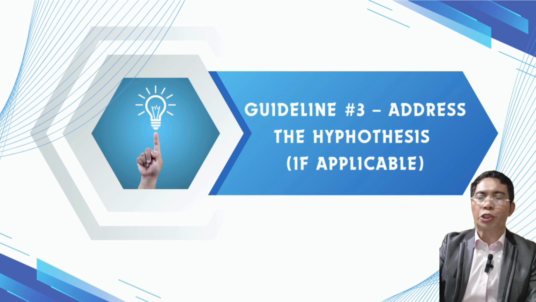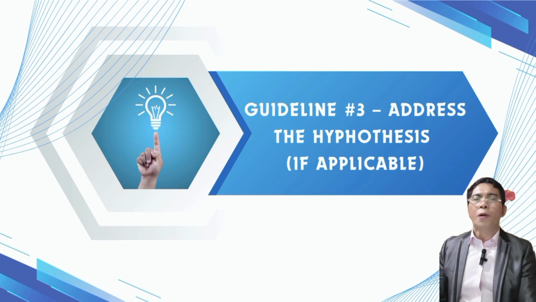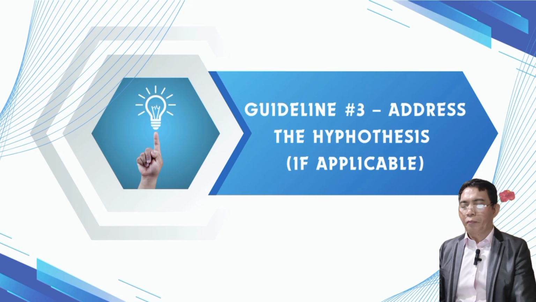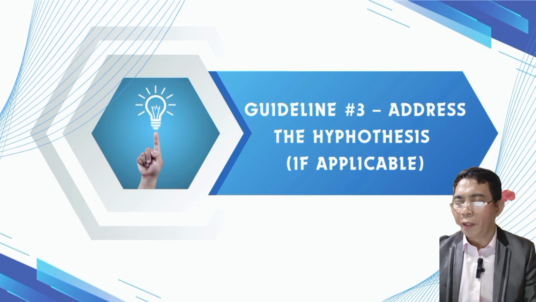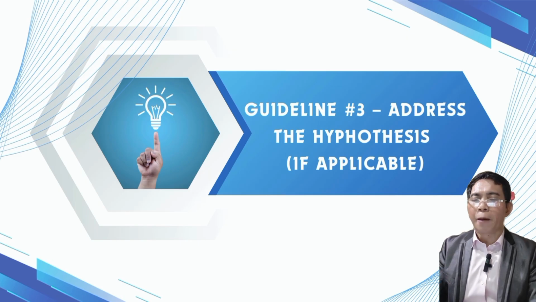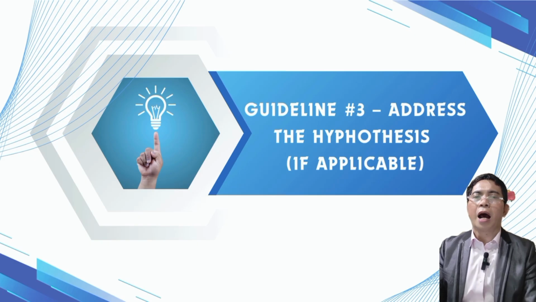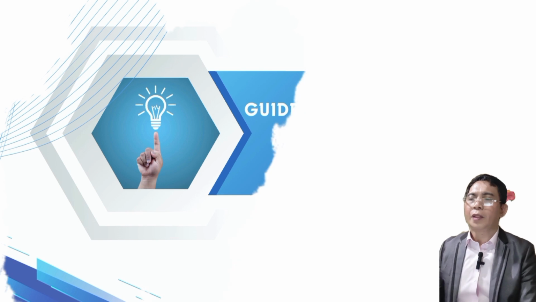Refer back to your Chapter 1 to guide the formulation of your conclusions in relation to the hypotheses. If your study includes a hypothesis, indicate whether it was accepted or rejected based on the statistical findings, and this provides closure to the problem you set out to investigate.